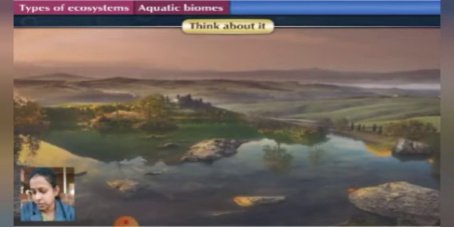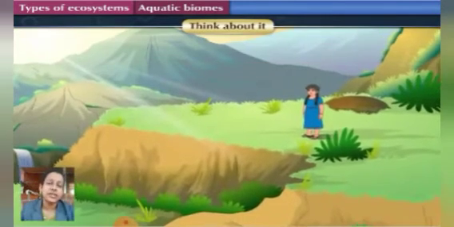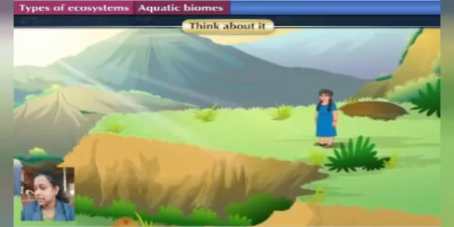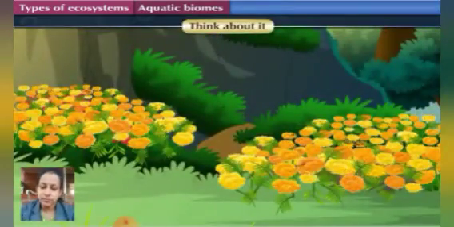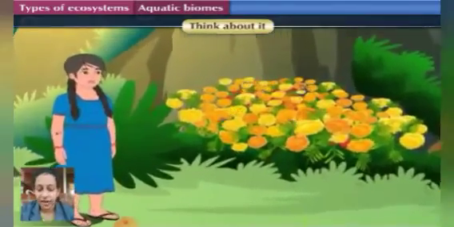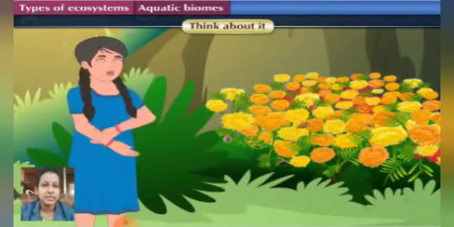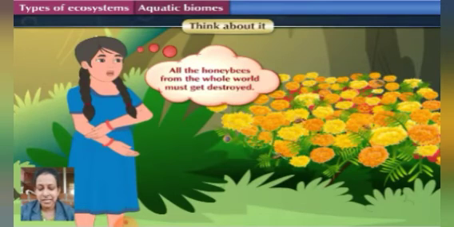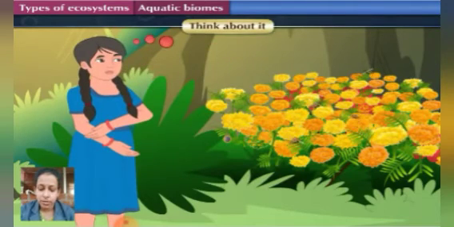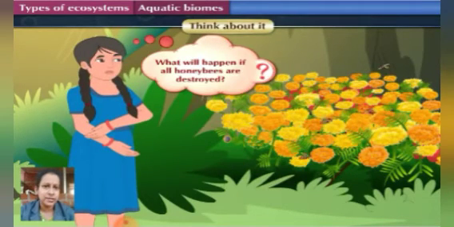Now think about it, okay? So Divija visited the hill here, okay, and honeybees were hovering on the flowers where she visited. So one of them stung Divija's hand. Oh, Divija was hurt due to that sting, and she said with anger that all the honeybees from the world must get destroyed.